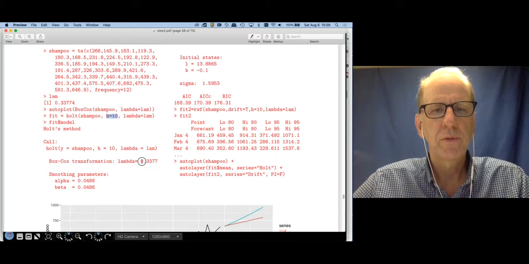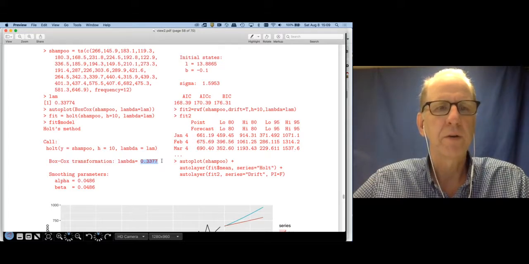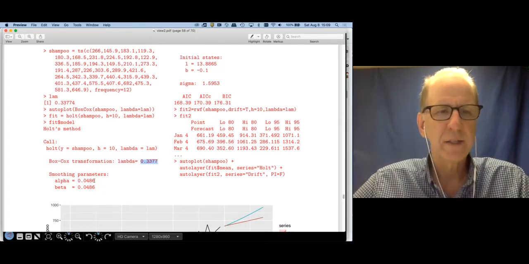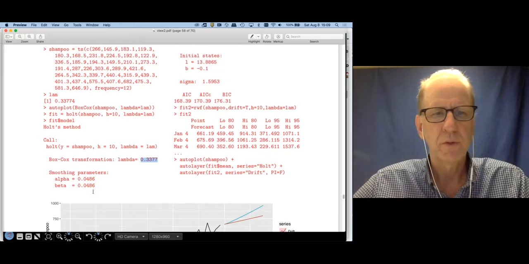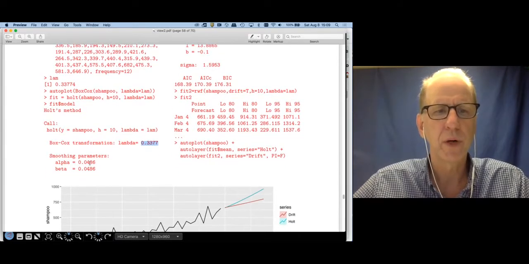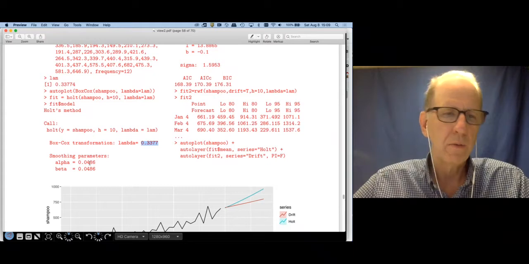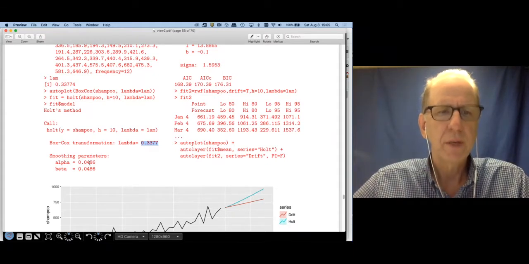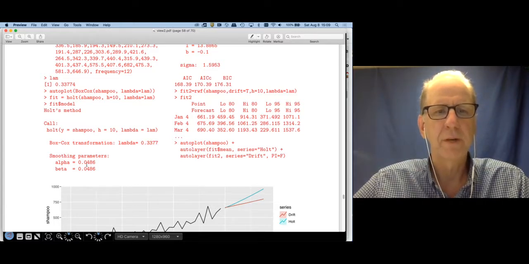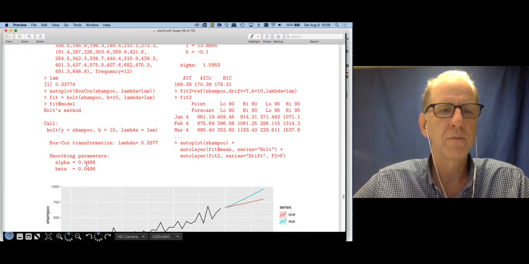You're going to see we've got our Box-Cox value. Here are the estimated smoothing parameters. When I see these smoothing parameters, what's notable is how small they are. And what that tells me is there's not a lot of change in, for example, the slope.